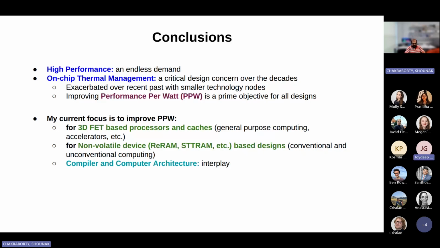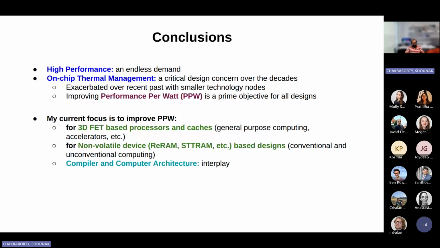And compiler and architecture can do some kind of interplay to balance the situation here, because as I mentioned initially, the compiler can look at the entire code. It can visit the entire code from the first to the last instruction, even if you have billions of instructions, which computer architecture can't do, because what architecture can see is only what is available during runtime. So the compiler can anticipate the future behavior of the hardware, and that can inform the computer architecture of the underlying hardware.